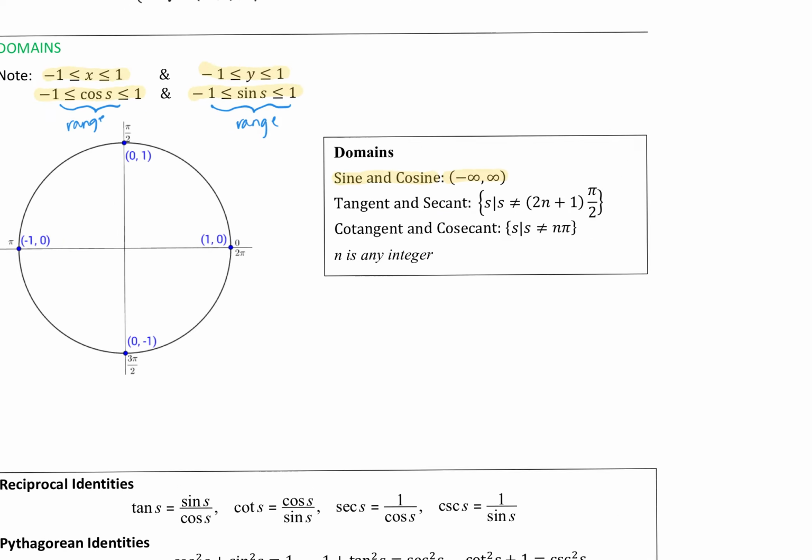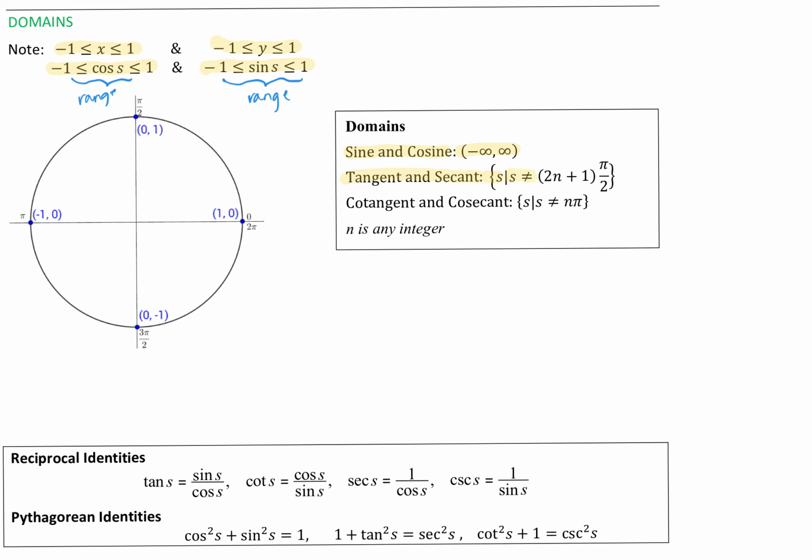Remember, we're putting in the arc length s. So the domain is all arc lengths except that the arc length cannot be equal to 2n plus 1 times pi over 2, where n is any integer.